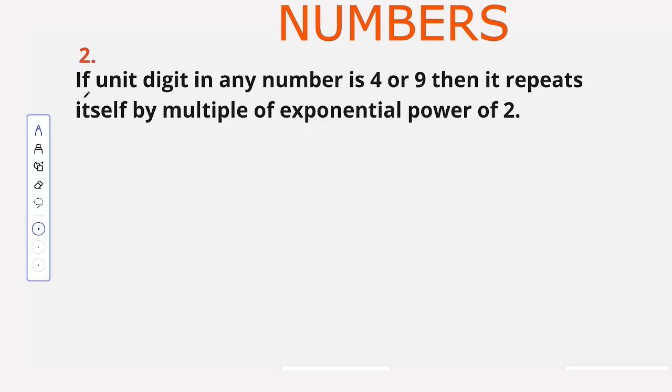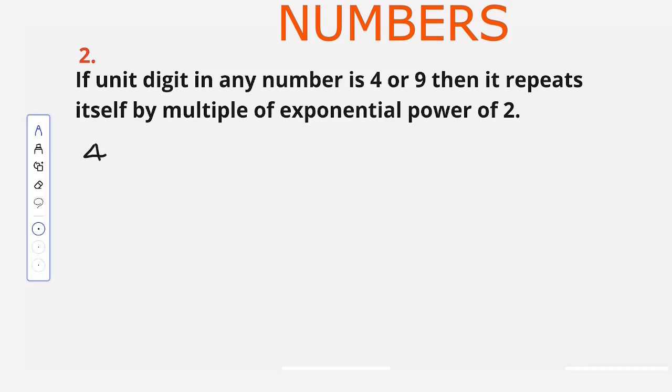Point 2. If the unit digit in any number is 4 or 9, then it repeats itself at every power that is a multiple of 2. It means that if any number has unit digit 4 or 9, then it will repeat itself at every second power.